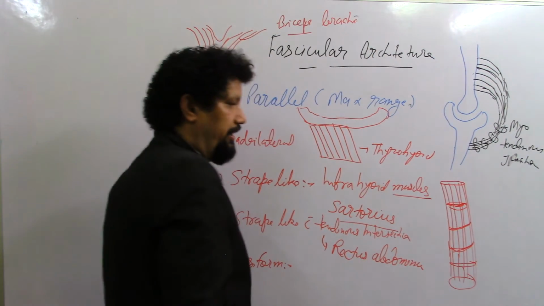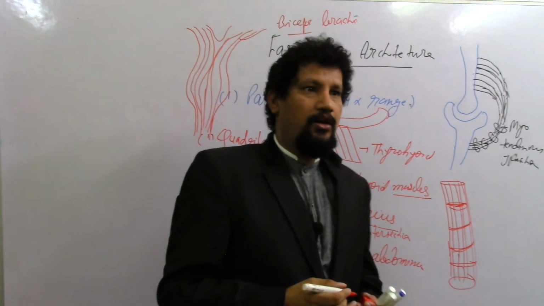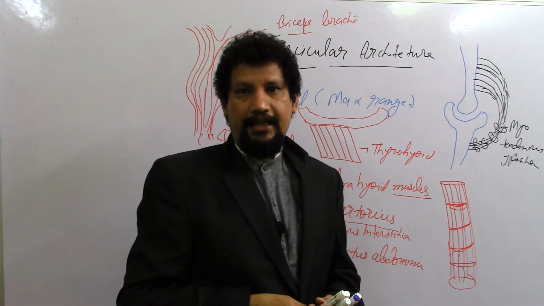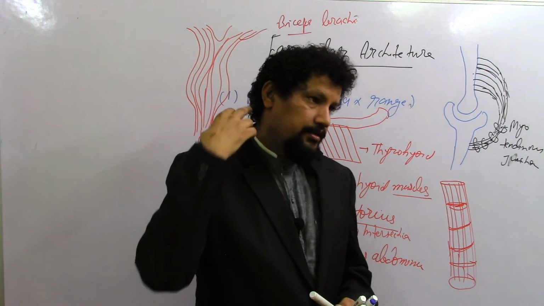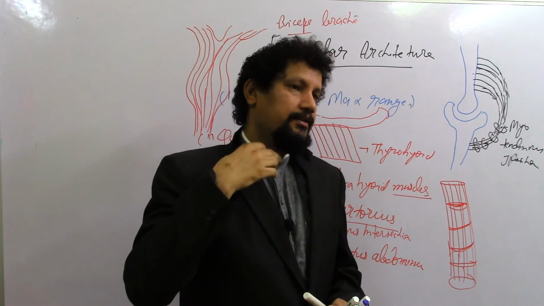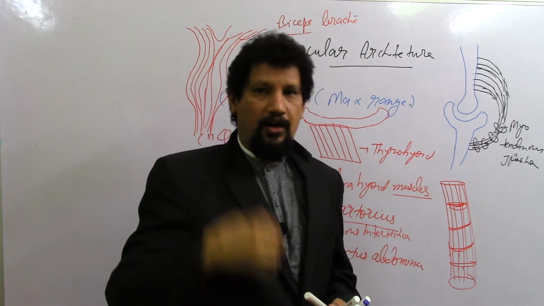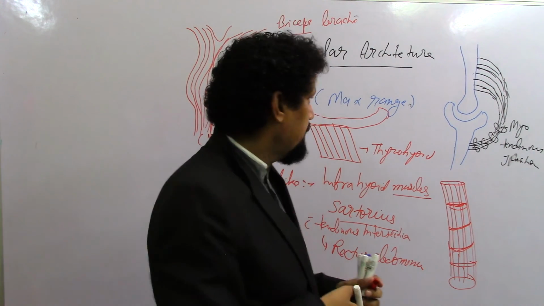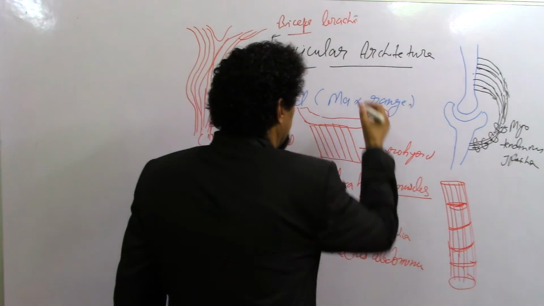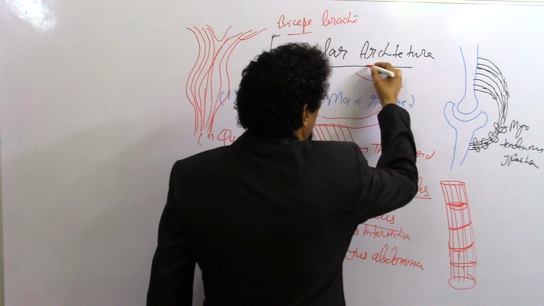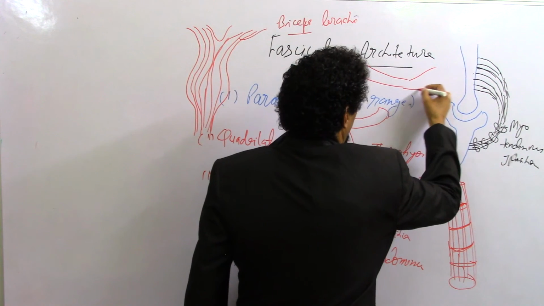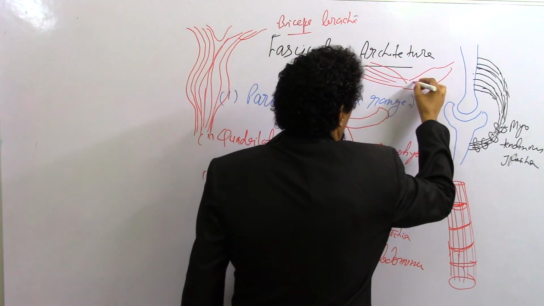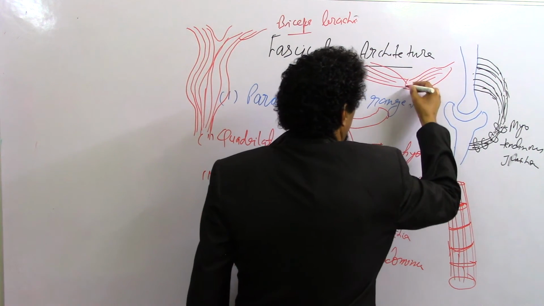and is also seen in a muscle of the head and neck known as digastric. This has an anterior and a posterior belly. Both bellies have a fusiform arrangement or shape of parallel fibers.